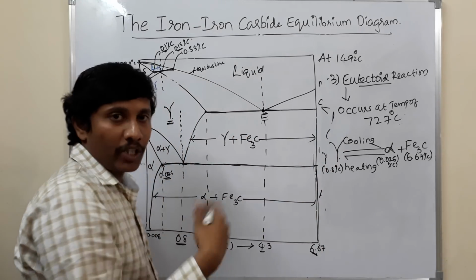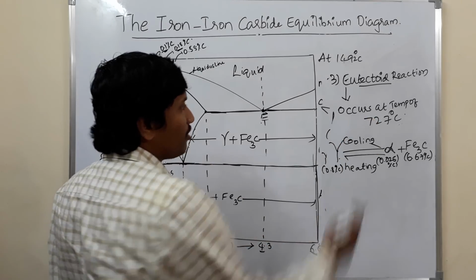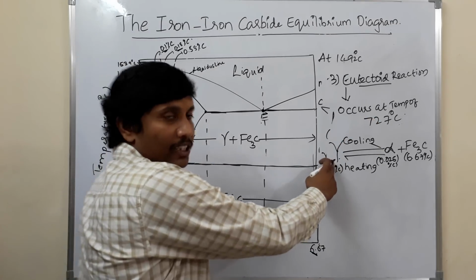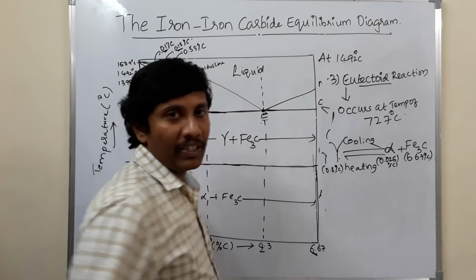So the eutectoid reaction occurring at 727 degrees centigrade is gamma transforms to alpha plus Fe3C.